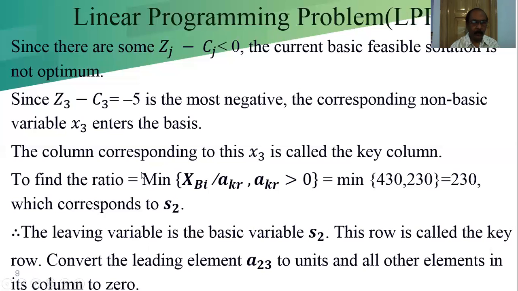To find the ratio, minimum of xBi by a_kr greater than 0: minimum of 430 and 230 is equal to 230, which corresponds to S2. The leaving variable is the basic variable S2. This row is called the key row. Convert the leading element to unity and all other elements in that column will be 0. I already explained that.